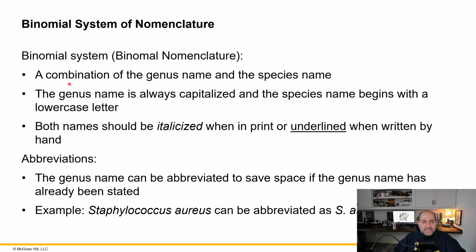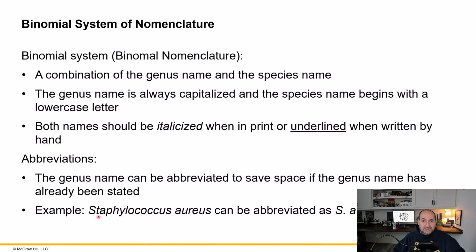It's a combination of the genus name and the species name. So for instance, when we're saying Homo sapiens, the first word is the genus, the second word is the species. In bacteria, you might hear something like this. Look at the bottom here. Staphylococcus aureus.